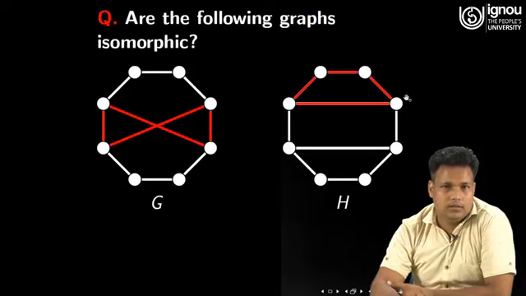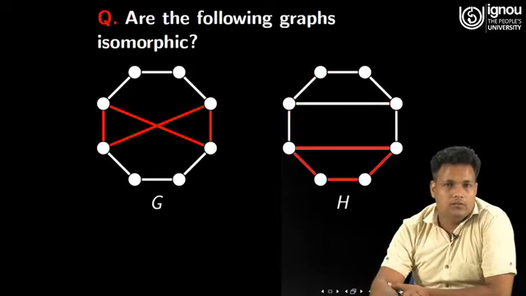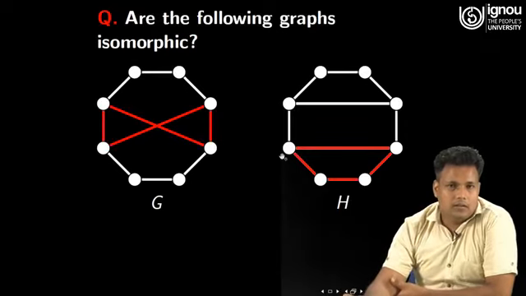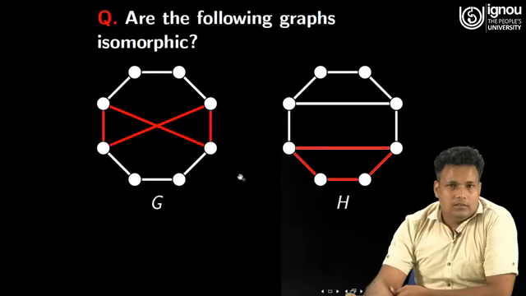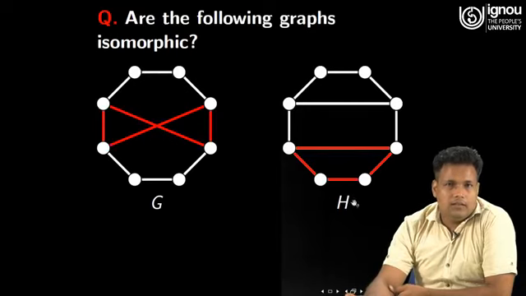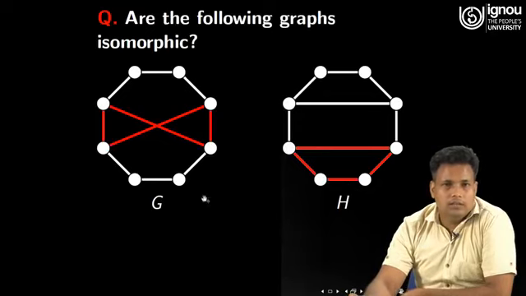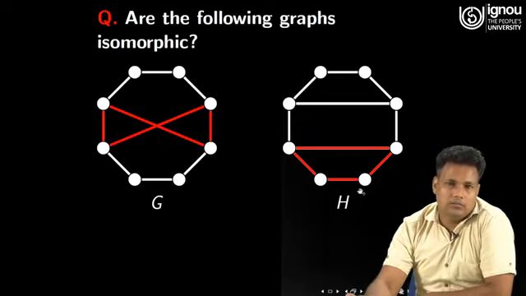This is one such cycle, and this is not the only one. You can see that this is also a 4-cycle, and this one is also a 4-cycle. Now this gives us a clue that G and H are not isomorphic, because G has exactly one 4-cycle and H has three 4-cycles, and therefore G and H are not isomorphic.